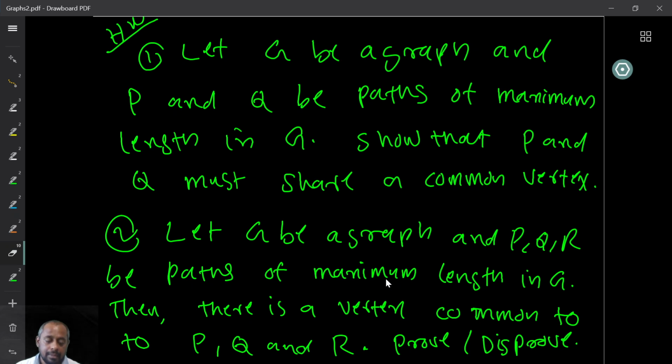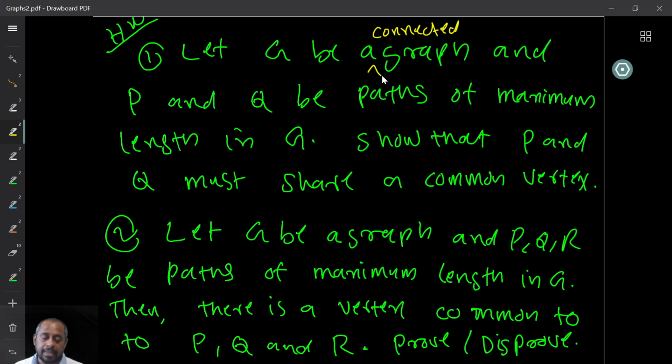I have to make a small correction here. Let G be a connected graph, and P and Q be paths of maximum length. Then P and Q must share a common vertex. So that is the first homework.